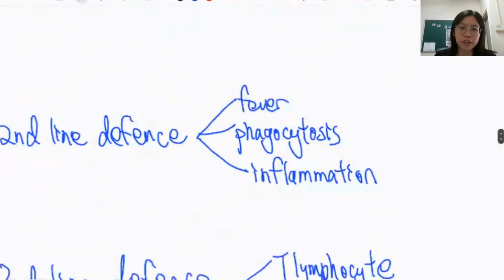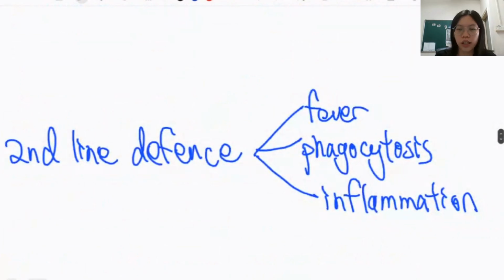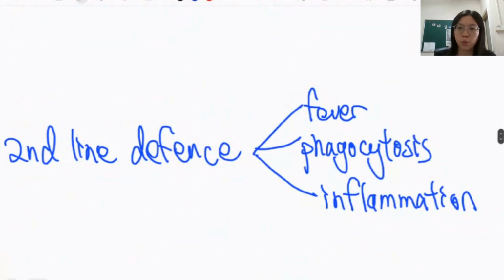And the second line of defense is where we learn fever, phagocytosis, and inflammation. For fever, we learn what the point of having fever is: it can increase the phagocytic activity and promote phagocytosis.